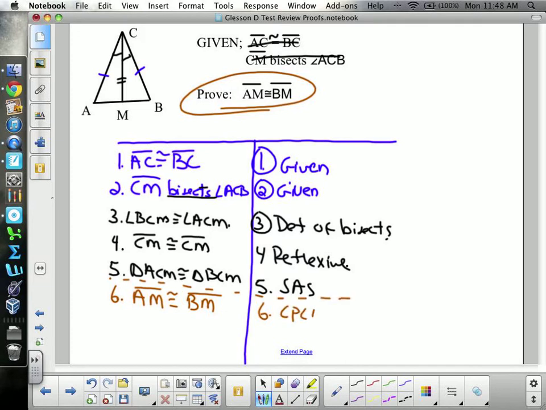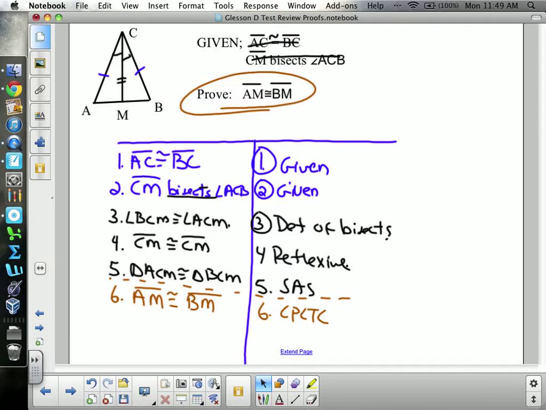CPCTC. Now just a little reminder, folks, on the last quiz we took using proofs, people are using CPCTC way too early. It is not the thing that solves all your problems. It's not a happy pill. CPCTC is after congruent triangles only.